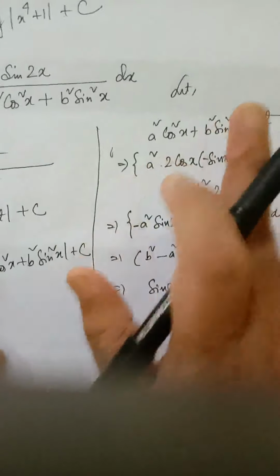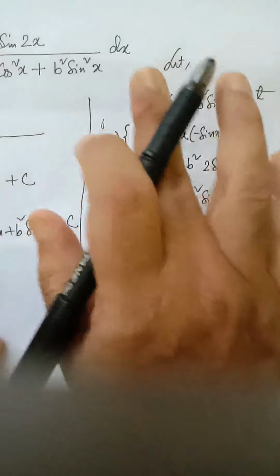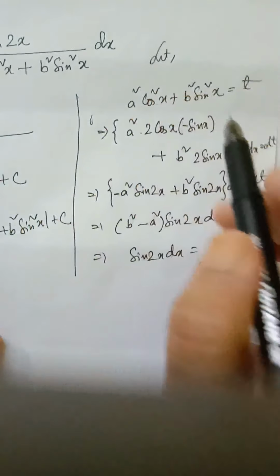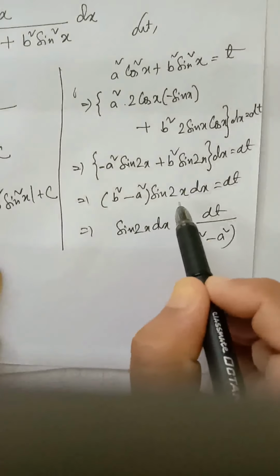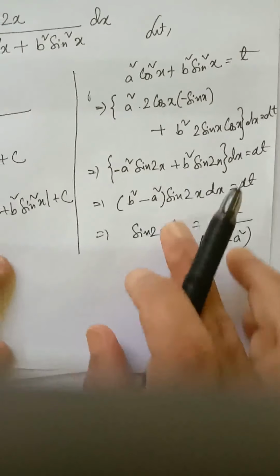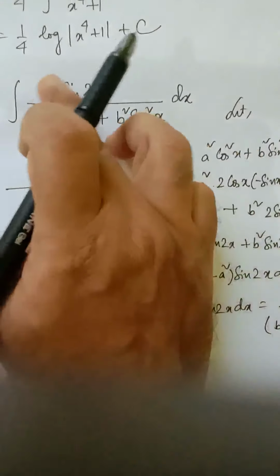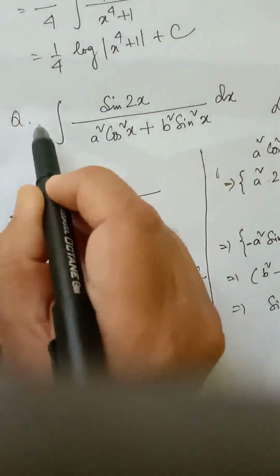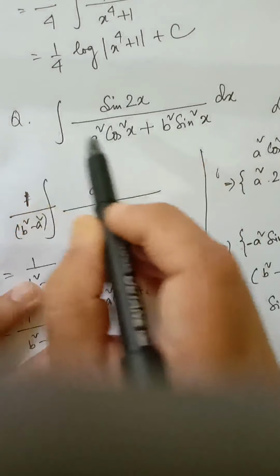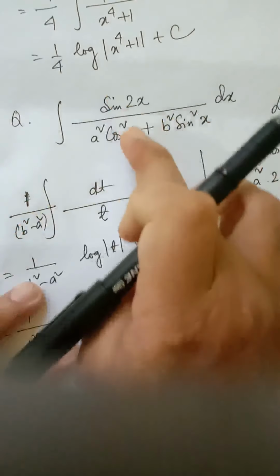Okay, or directly you can do it without substitution. We have seen clearly the derivative of the denominator is b square minus a square sin 2x. Write b square minus a square here and adjust by writing b square minus a square, and this will be of the form f dash x by f x.